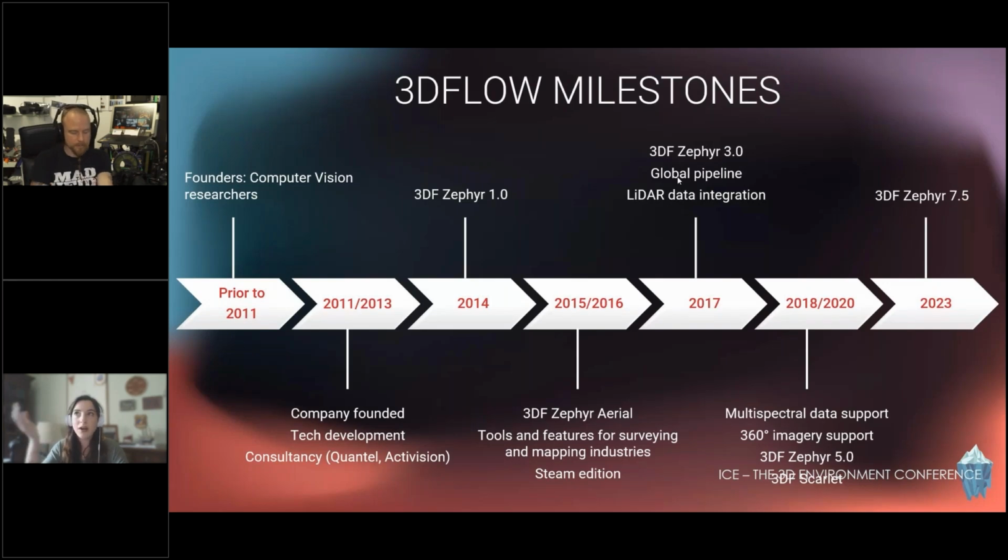We are about a dozen people in the team, including many computer vision researchers and software developers, collaborators from worldwide, and people from tech support and sales like me. What you're seeing now are the 3D Flow milestones. In the first years, we mostly did consultancy services, and then in 2014, we officially launched 3D Zephyr onto the market.